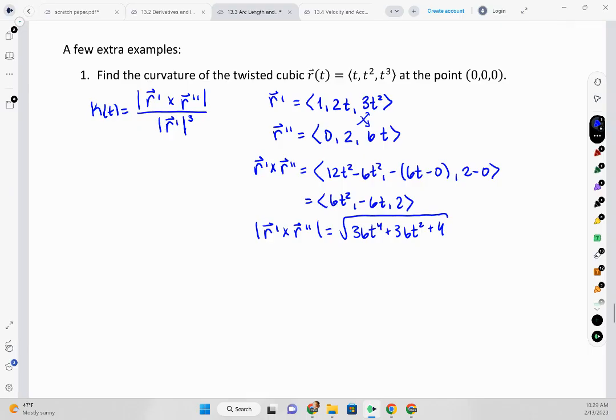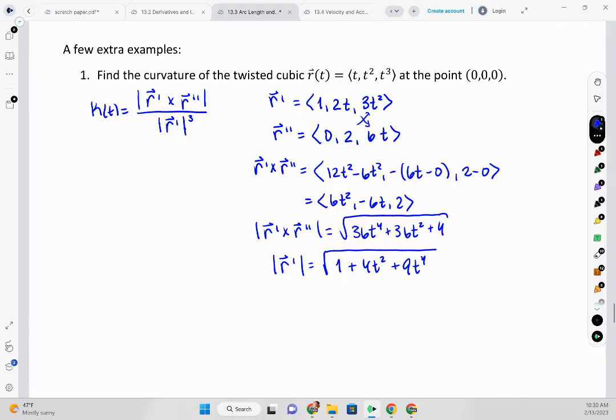I need the magnitude of r prime as well. So I'll go back up to my r prime. The components are 1, so I'll get 1 squared, which is 1. My other component is 2t. Square that, we get plus 4t squared. My third component is 3t squared. Square that, we get 9t to the fourth.